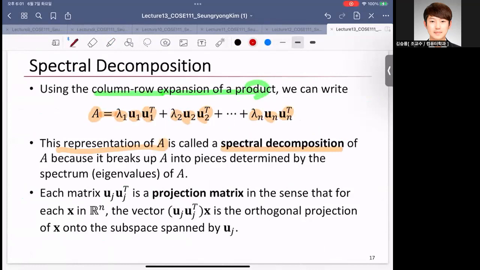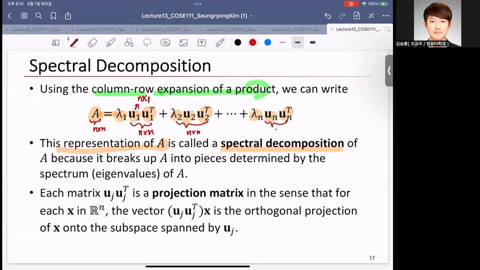So, first of all, U1 is n by 1. Then U1 times U1 transpose is going to be n by n. This matrix is also n by n, where the original matrix A is also n by n.